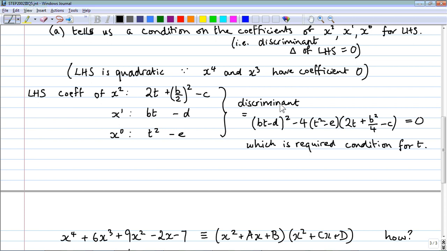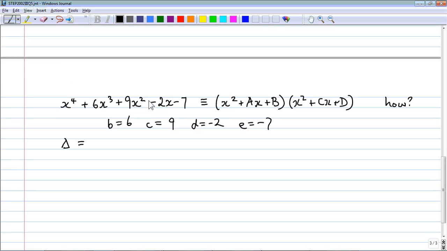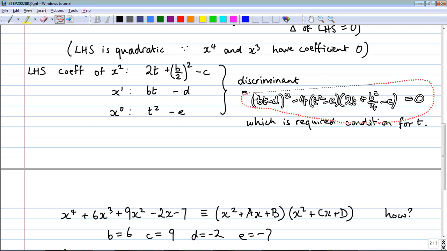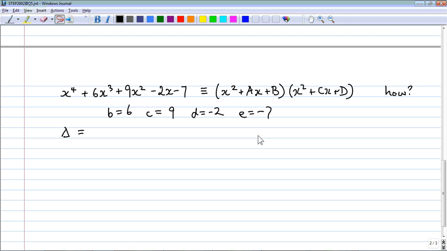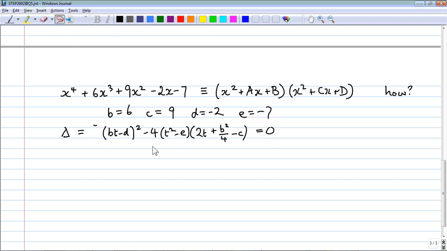Let's write delta for discriminant, and I'll copy this formula that I already derived here. Let's copy this discriminant out and paste it here. Okay, discriminant here, something like this.